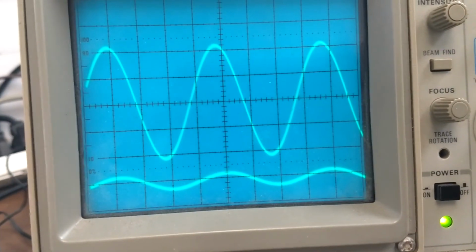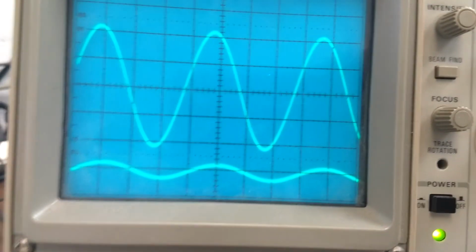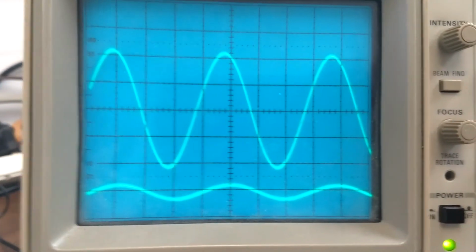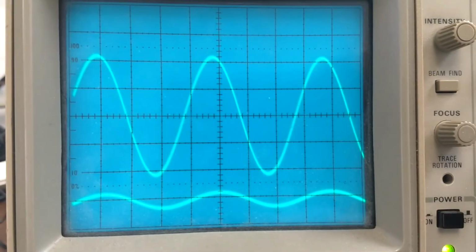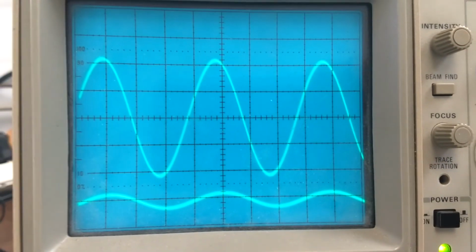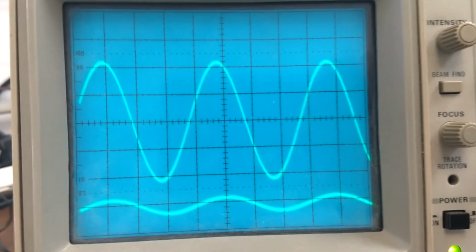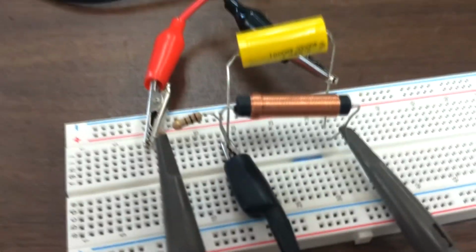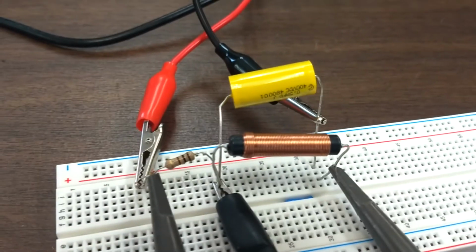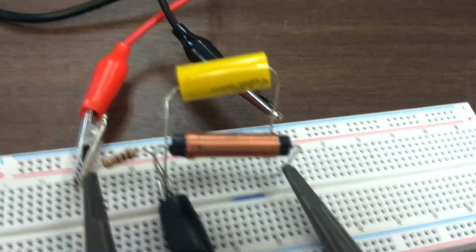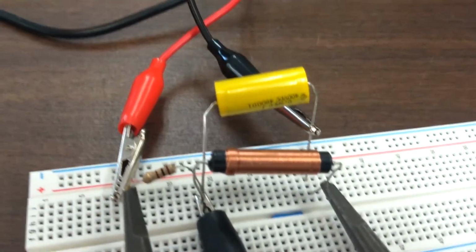And theoretically, with perfect components, the voltage would go very high and the current would go very, very low. So this parallel LC circuit is sometimes called a tank circuit when it's used in certain types of applications.